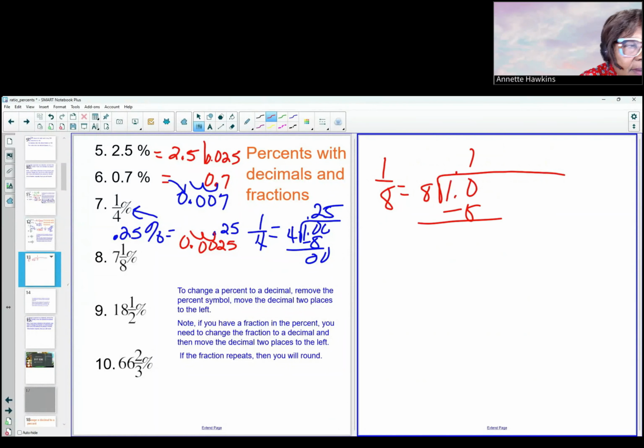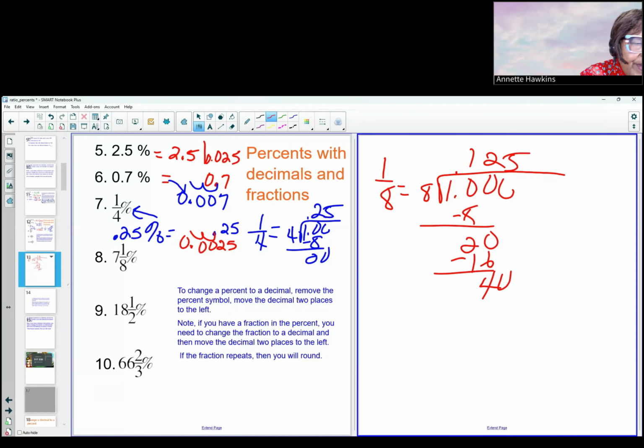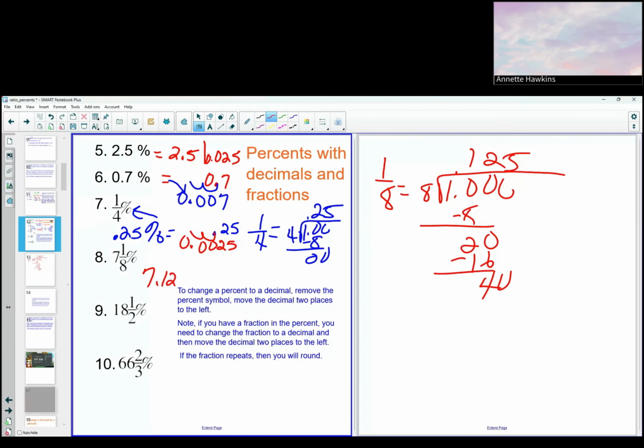That's 0.125, so this is 7.125%. All right. So we need to change that to a decimal.